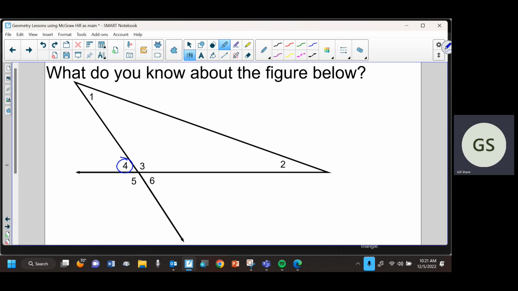We said the exterior angle is equal to the sum of the two opposite interior angles. So the measure of angle 1 plus the measure of angle 2 equals the measure of angle 4. I don't literally mean the number 1 plus the number 2.